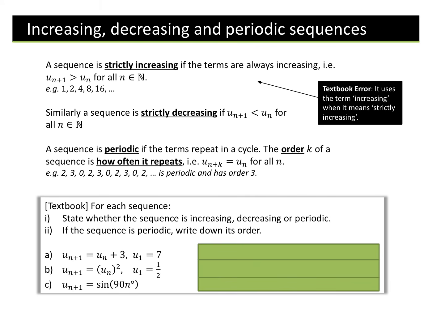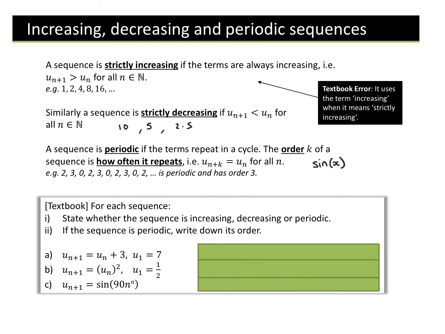So if it's going 1, 2, 4, 8, 16, it's strictly increasing, and strictly decreasing would be 10, 5, 2.5, etc. And a sequence is periodic if the terms repeat in a cycle. And for a periodic sequence, don't forget the sine graphs, they're periodic.